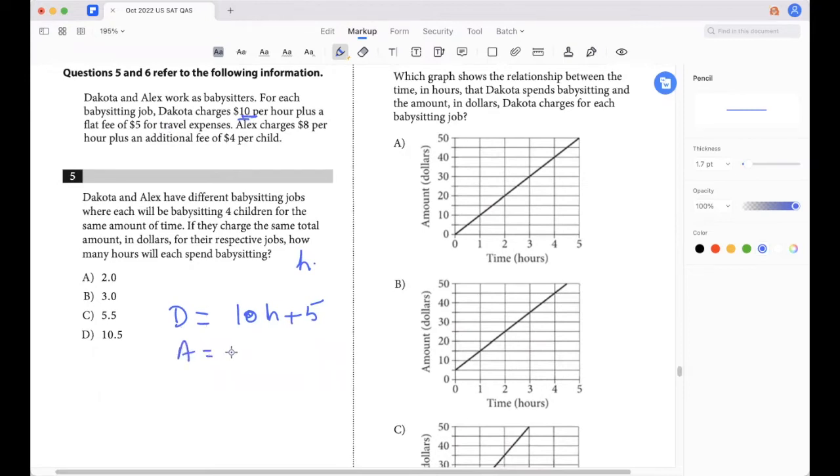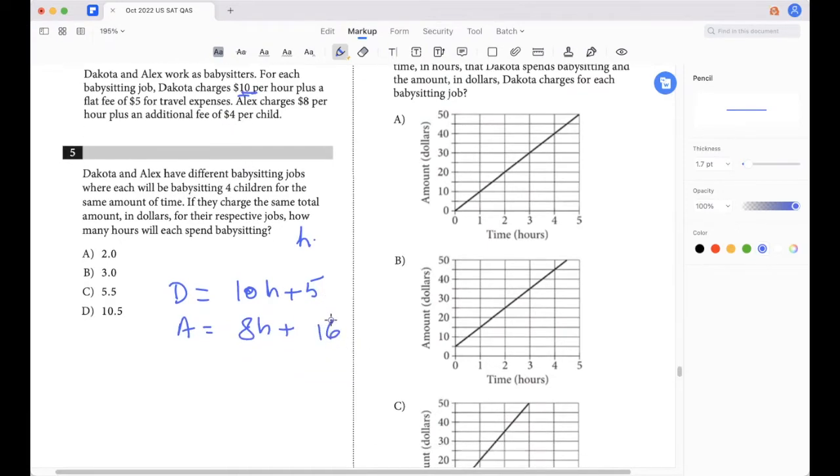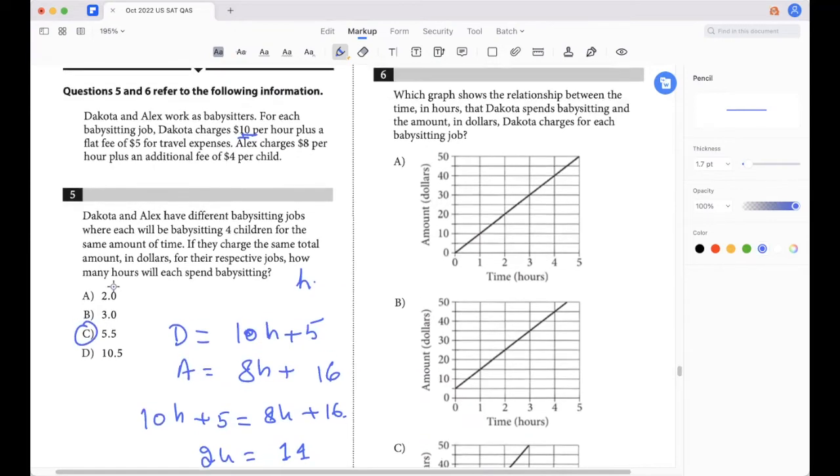And for Alex, it would be 8H plus $4 per child, so 16, right? Because there are 4 children. And these are equal. So 10H plus 5 is 8H plus 16. So 2H is 11. So H is 5.5. So the total number of hours is 5.5.